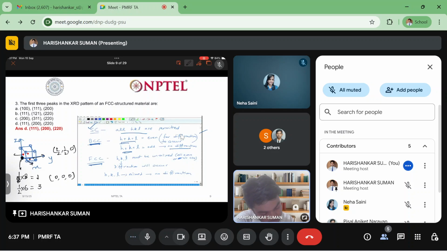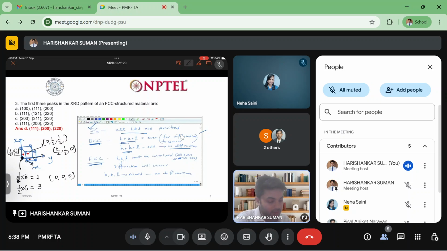And this is for X and Z. So what will be the position? X, Y, 0, and Z, and similarly for the Y one. These are the positions.